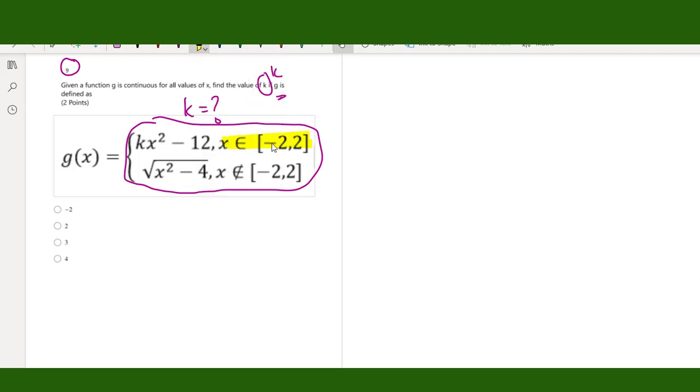This is the domain value for x, and this is the function according to the given domain. So this is the number line: negative 2 to 2. Between negative 2, included because of the square bracket.